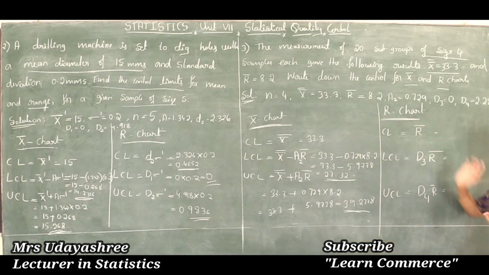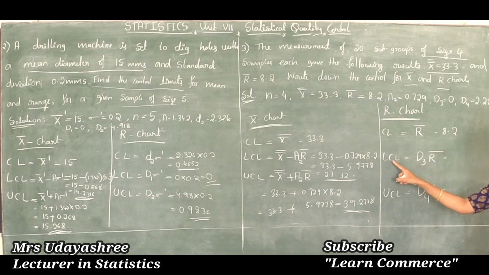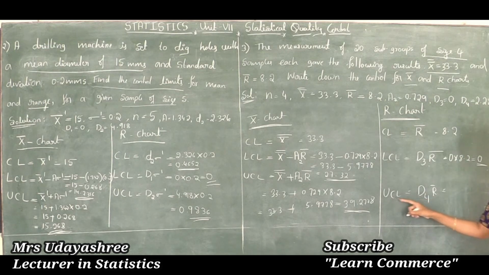Okay, now let's see the R chart. How to find the central limit here? That is R bar only. The R bar value is 8.2. Then how to find the lower control limit? That is D3 into R bar. The D3 value is 0. 0 into 8.2 is 0 only. Next, how to find the upper control limit here? That is D4 into R bar. Using this formula we can find the upper control limit.